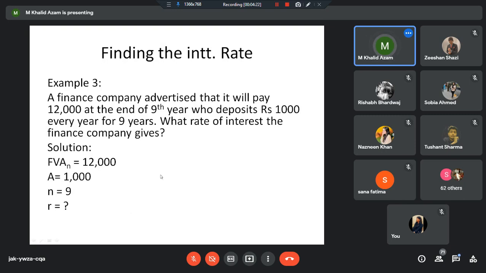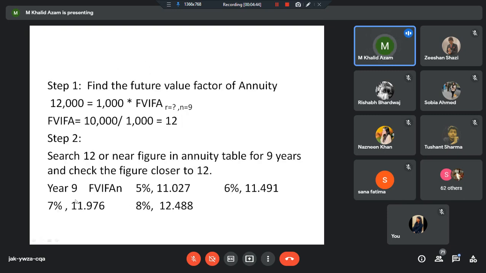So here, the future value of the annuity is 12,000. Every year the deposit is 1,000, so A is 1,000. N is 9 years, and the rate of return is to be calculated. There are 2 steps involved, as we know.